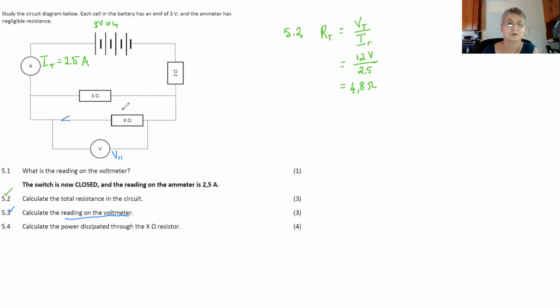Now, I don't know what X ohm is, but I know what the current is through the 2 ohm resistor, so I can calculate this potential difference across the 2 ohm resistor. I know that series connected resistors are potential dividers.